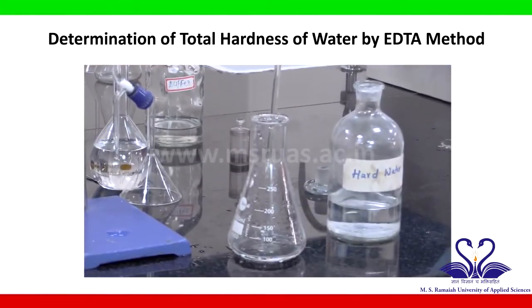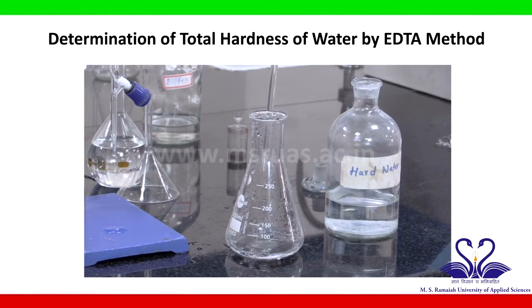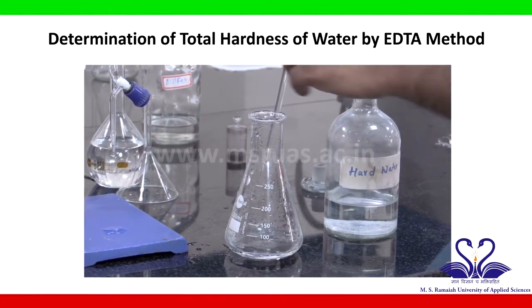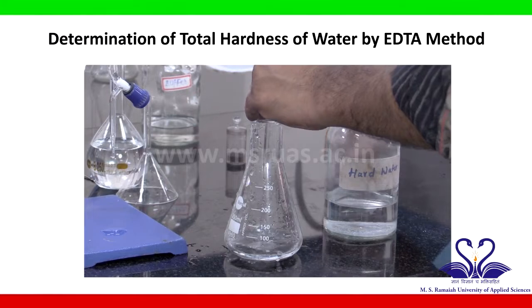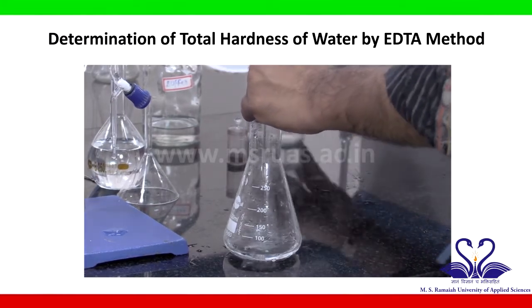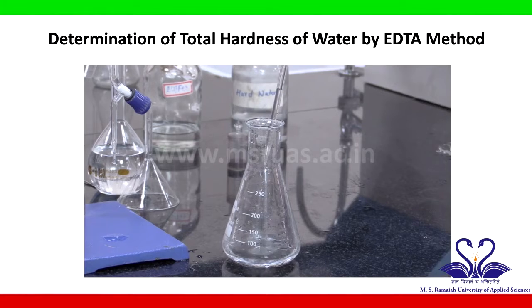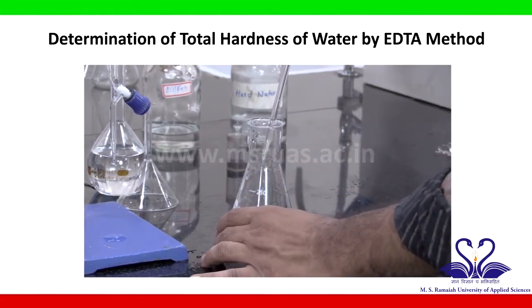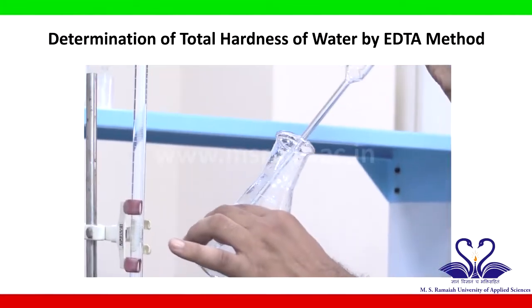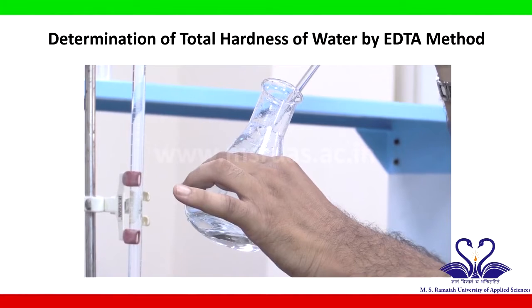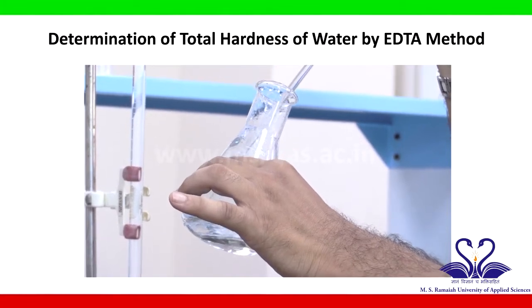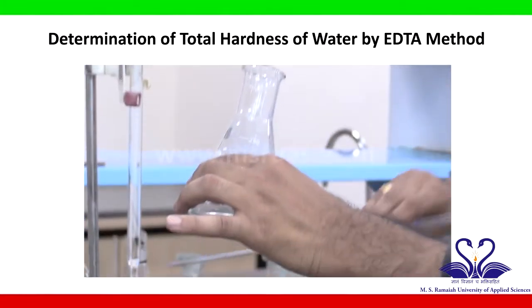So transfer completely 25 cm cube of hard water sample to the conical flask. To take the last few drops, which will not come so easily, you can touch it to the tip of this, 3-4 times, it's enough.